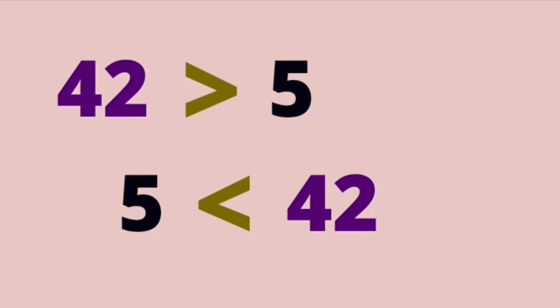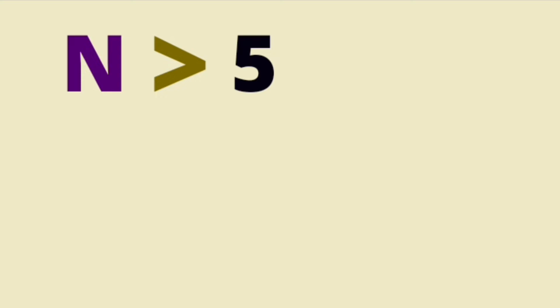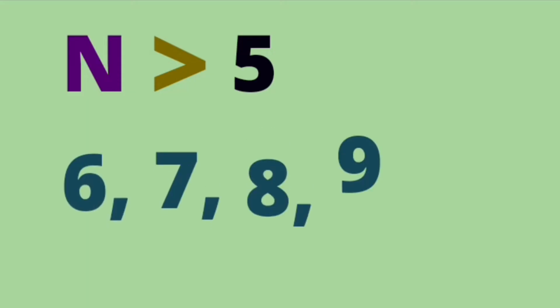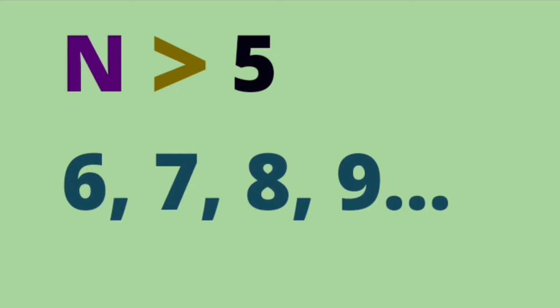Also, if the number of students in a class is greater than 5, what this means is that the number of students can be 6, 7, 8, 9, 10, 11, and so on and so forth. The greater than sign means that 5 is not included in that number.